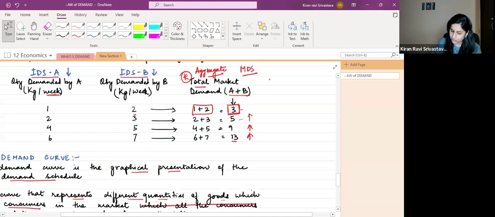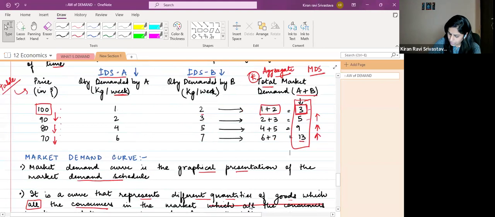From the total market demand, I will take 3 plus 5 plus 9 plus 13 on my quantity demanded side, and I'm going to take the price part and make the schedule. So 3, 5, 9, 13. The highest number is 13, so on my x-axis the maximum number I'm going to have is 13.